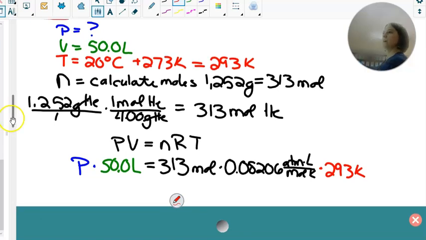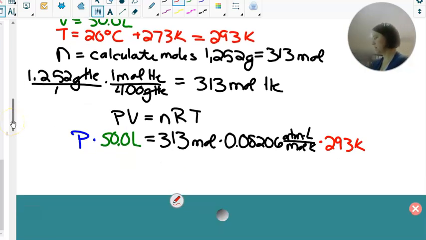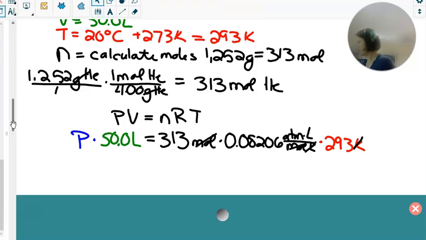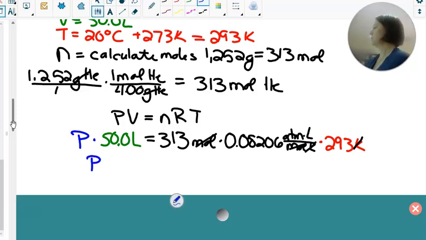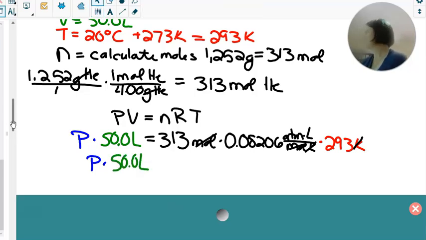So simplifying here, we're going to take 313 moles. Well, we know moles is on the top, and it cancels with this one on the bottom. And Kelvin is on the top, so it cancels with that one. So we have our pressure times 50.0 liters, which is equal to, and then you'll want to simplify what's on that side.